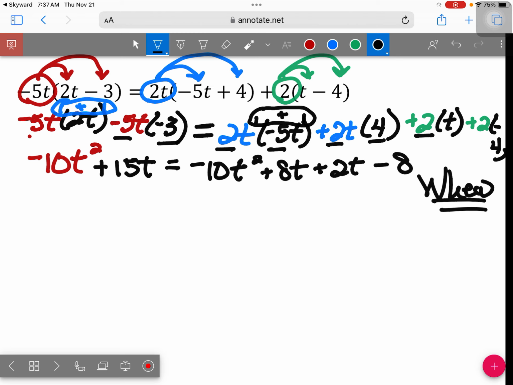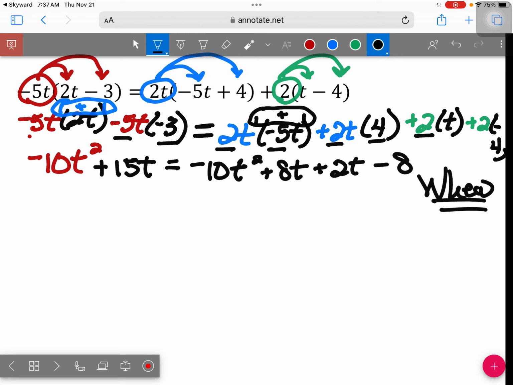How we doing? Did everybody get that? Any questions about that? All right, so then I need to combine my like terms. Where do you see some like terms on the same side of the equation first?